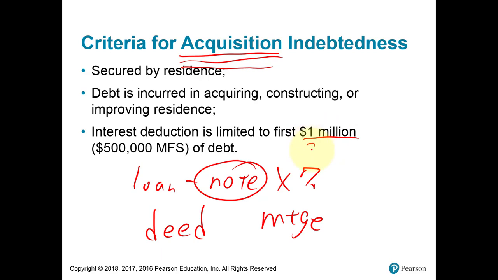For example, if your loan was exactly 2 million for the whole year, and of course it may go up or down based upon if you're paying off your principal, but assuming it's 2 million for the whole year, that means just half of your home mortgage interest on this loan is deductible, because you went over the limit. Of course, most of us can't afford a $1 million loan, so probably we won't hit this limitation.